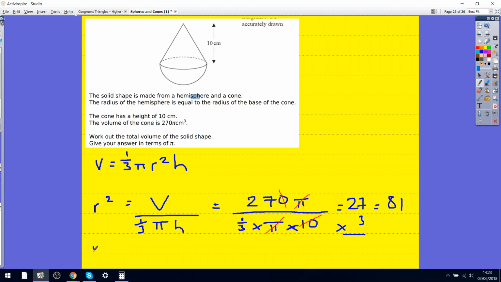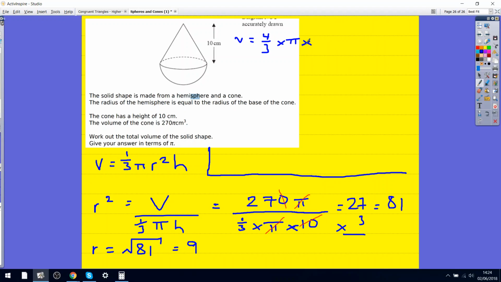So is that the radius? That's it. So r equals... Yeah. Okay. We're trying to find the total volume. Hold on, it's not 9 squared.